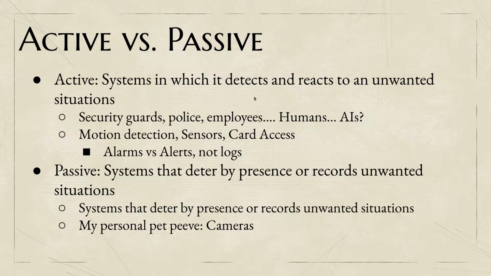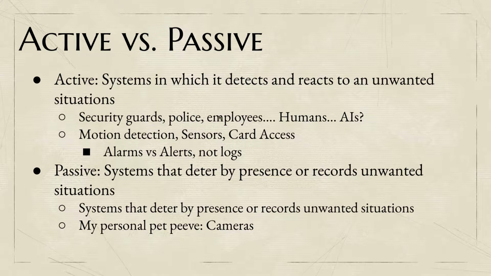Nowadays we really have either humans, or we can have it react digitally: send us an email or a text message that a motion sensor is activated, or a door striker, or some kind of physical presence has been detected. But usually actual people, guards, employees, police. Those are the bulletproof ways.